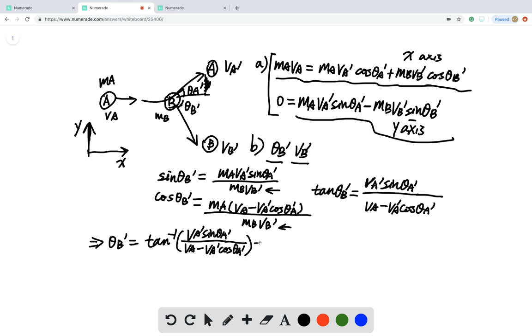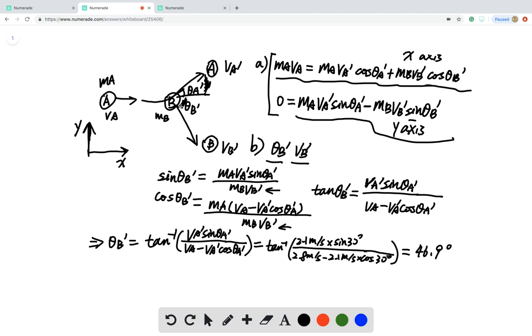And we simply plug in everything we already know. So this is 2.1 meters per second times sine 30 degrees over 2.8 meters per second minus 2.1 meters per second times cosine 30 degrees. If you enter everything into the calculator and find the arc tangent of this number, you will get 46.9 degrees. So that is the angle we are looking for.